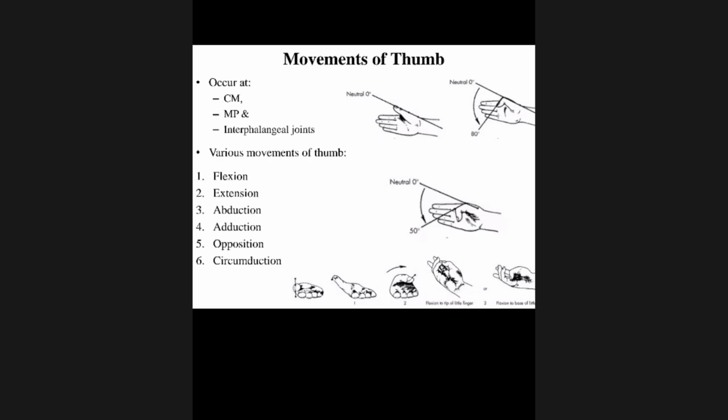Only at the thumb are all movements possible, because the thumb's movement is mainly at the first carpo-metacarpal joint. So because of the first carpo-metacarpal joint, all movements are possible for the thumb: flexion, extension, abduction, adduction, opposition as well as circumduction.